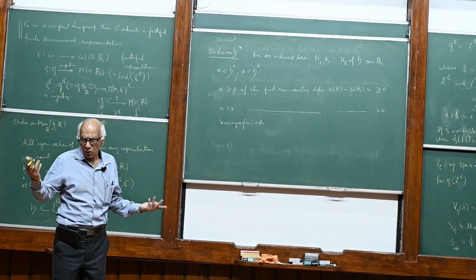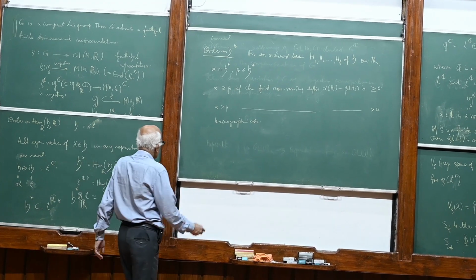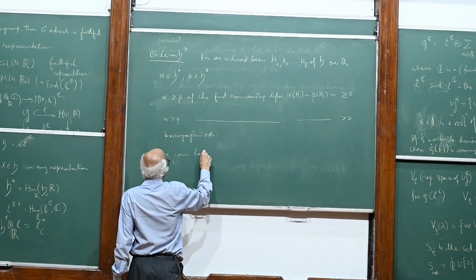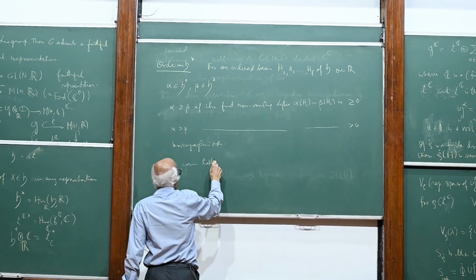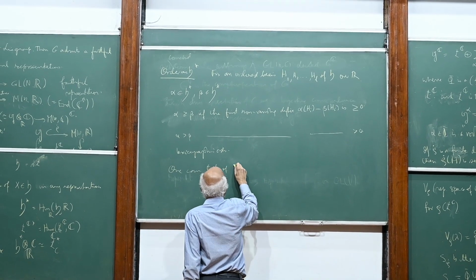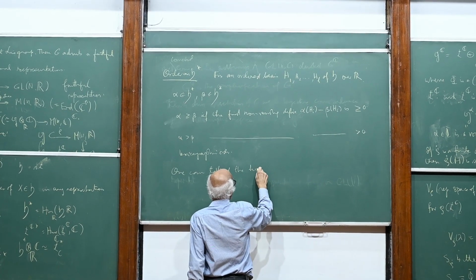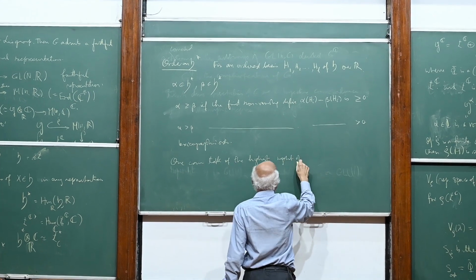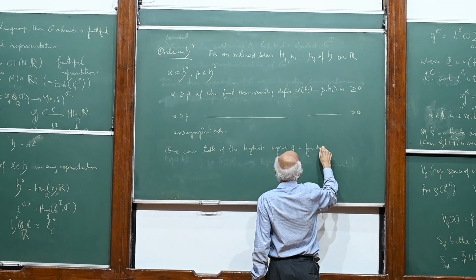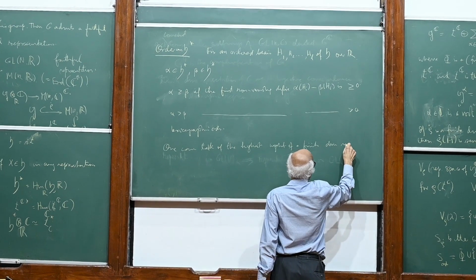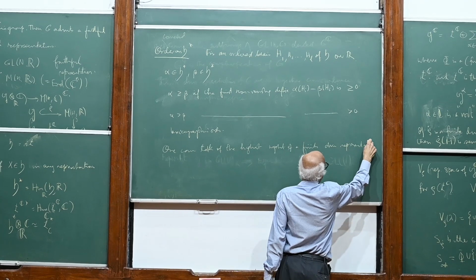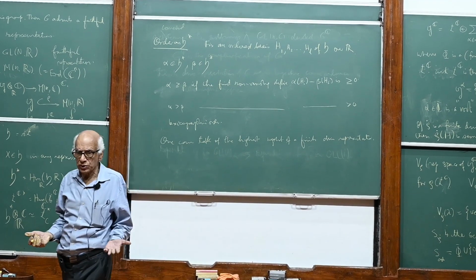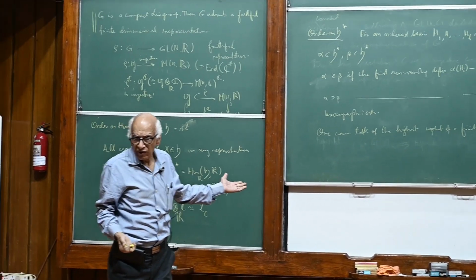So one can talk of the highest weight of a finite dimensional representation. One can talk of positive roots, negative roots, or positive weights, negative weights.